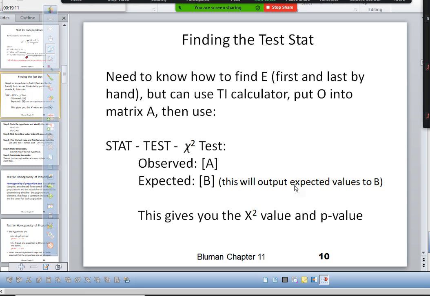The calculator sticks stuff into B. You only stick stuff into A. The calculator takes your stuff in A, computes your expecteds, and throws them into B. It also gives you the chi-squared value and the p-value. Those are the things you're going to be using.